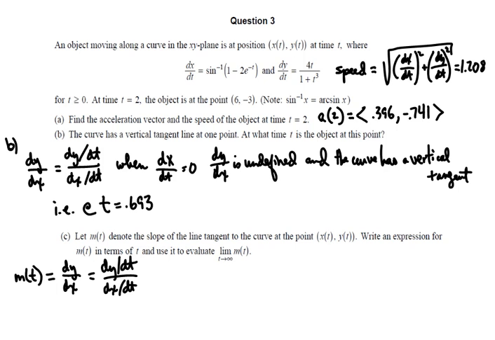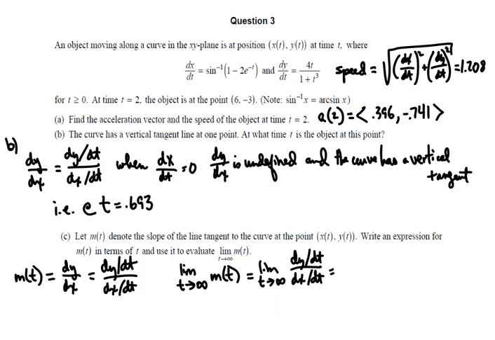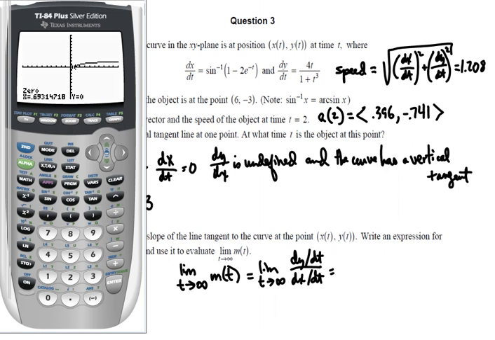So we have the expression for m of t. It's just dy/dt over dx/dt. And now we want to evaluate the limit as t goes to infinity of m of t. I'm going to suggest that the easiest way to do this would be again to use our calculator in a way that we have used it at the beginning of the year when we were trying to evaluate limits numerically.